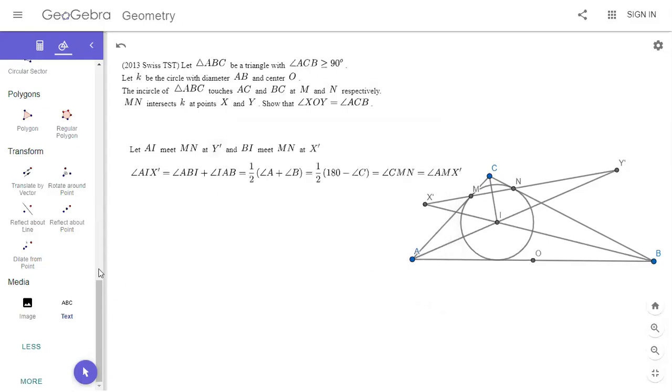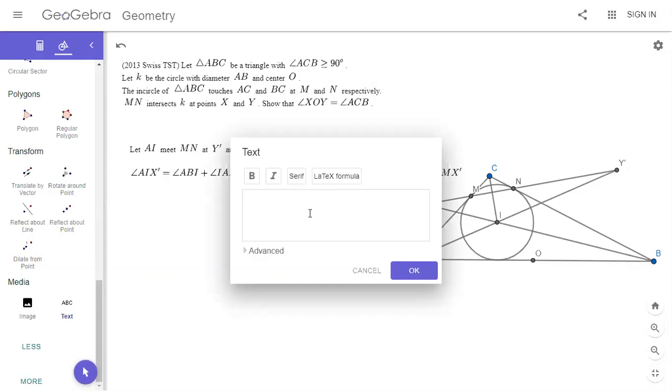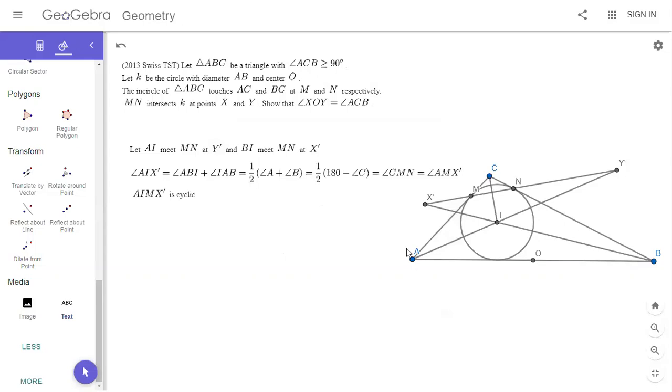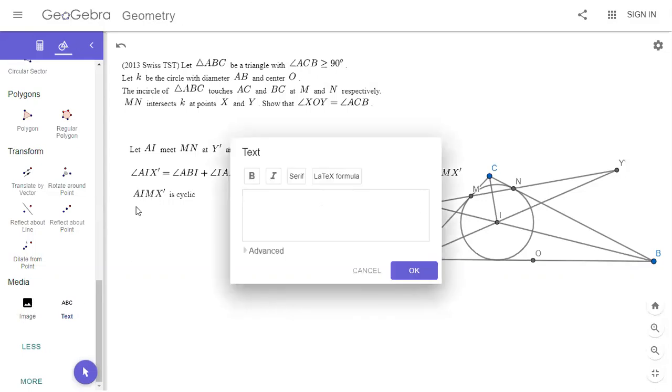So AIMX prime is cyclic. And then that means angle AX prime, so I'll write it like this. Right.